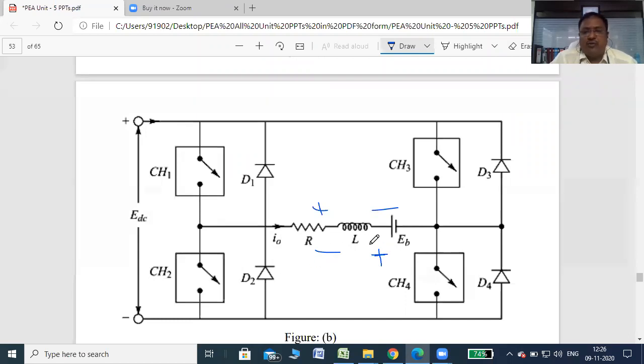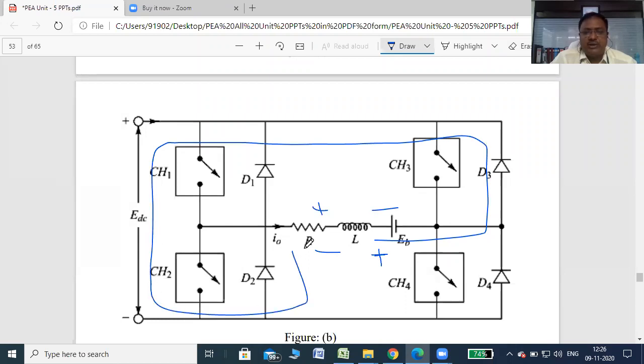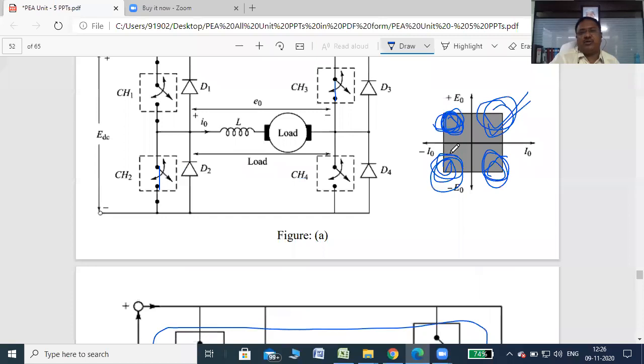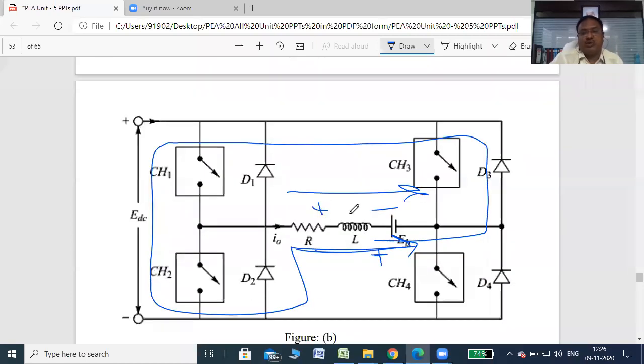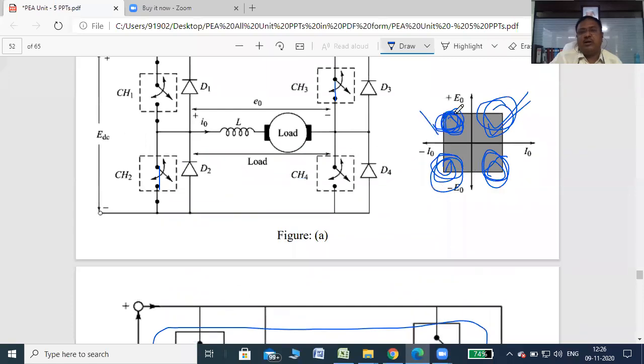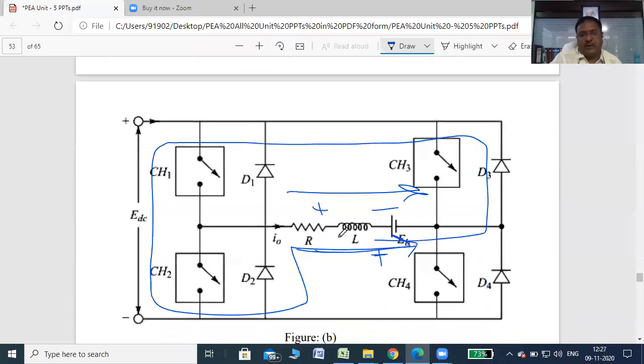So current starts to flow from L to D3, supply back to D2 and then again D3. You can see when CH1 and CH4 are on, the current direction is like this, and this time also the current direction is the same. So the current is still positive, but voltage gets reversed. Sorry, current gets reversed. Voltage is still positive, but current gets reversed. You will get a second quadrant operation, right?